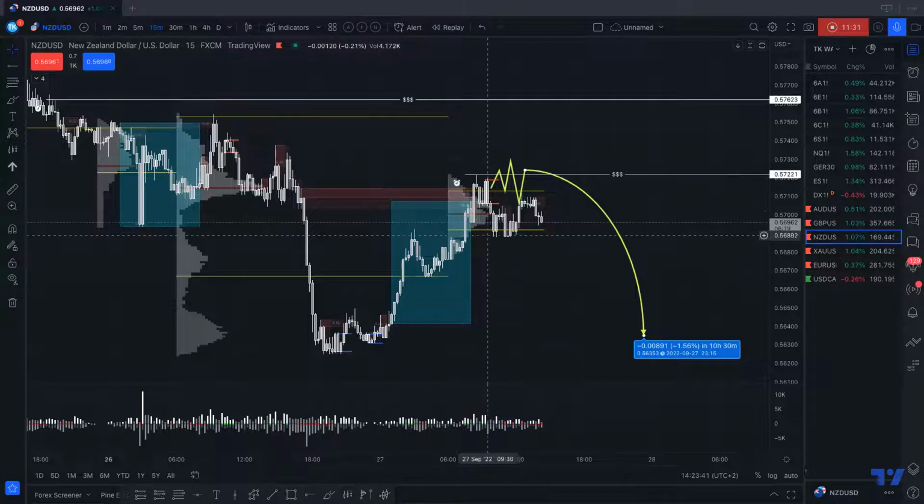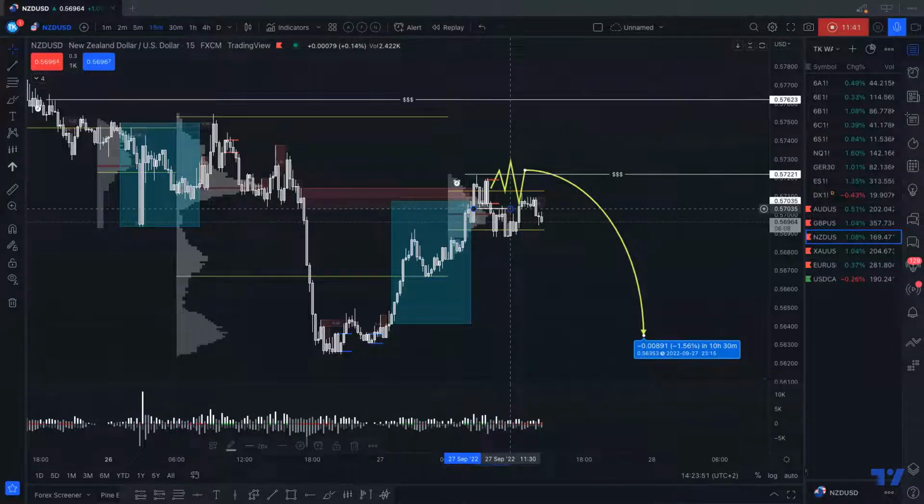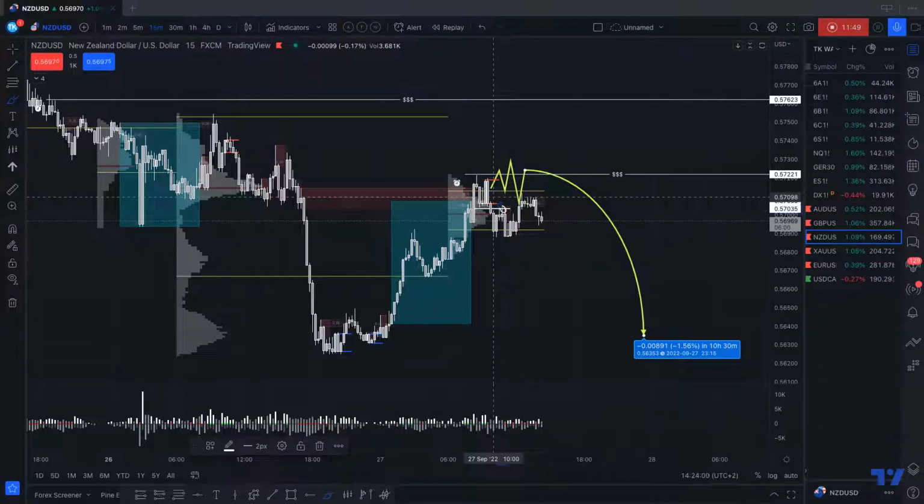But to be honest, as I saw price break in this area, break this structure, I just waited for a retest. So above here, I entered with half size. Now I'm a little bit in profit, but here we have liquidity.